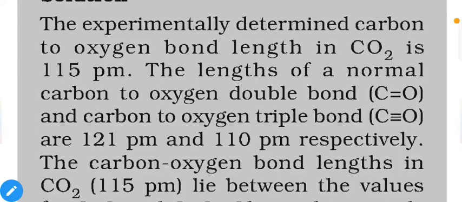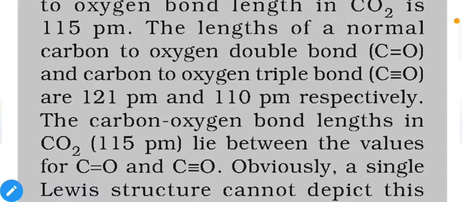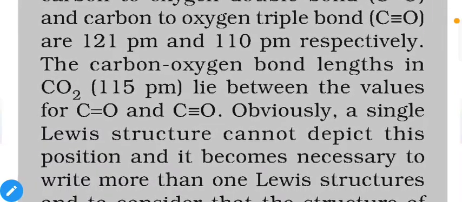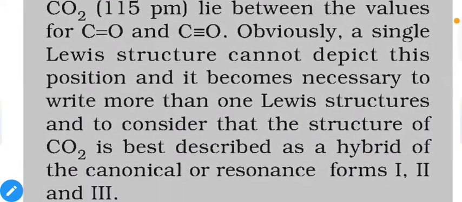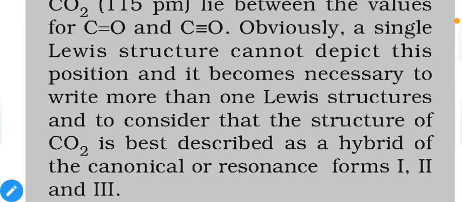It is comparatively shorter than a double bond but longer than a triple bond. So this value lies between the double and triple bond, and obviously a single Lewis structure cannot depict this situation, so it becomes necessary to write more than one Lewis structure and to consider that the structure of CO2 is best described as a hybrid of canonical or resonance forms.